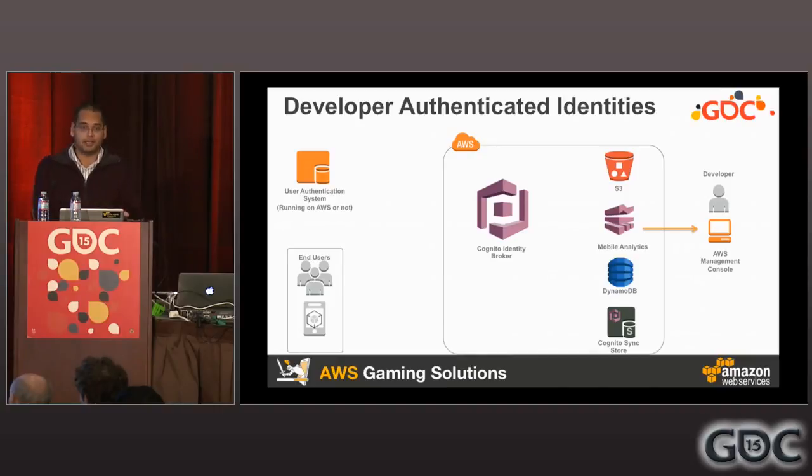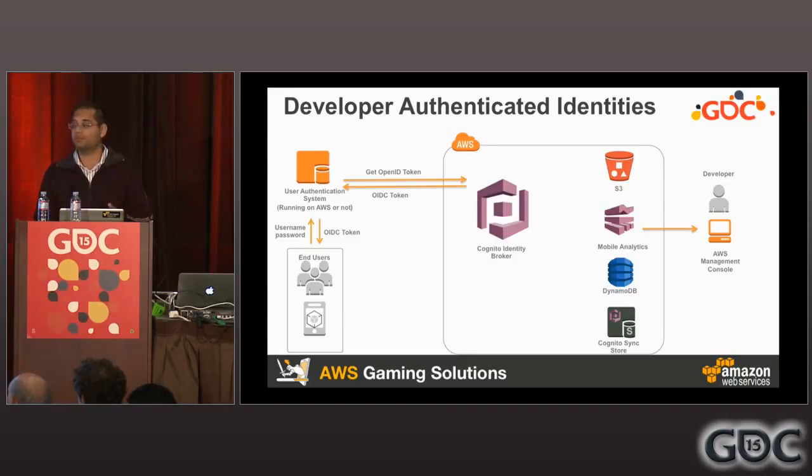For developer authenticated identities, the flow is a little bit different. Your user connects to the user authentication system, which is your own authentication system. And so you say yay or nay. In case of yay, you connect to the Cognito identity broker. You say, I trust this guy. Trust me, take my word for it. Cognito identity broker says, OK, I'll listen to you. I'll send you back an OpenID token.